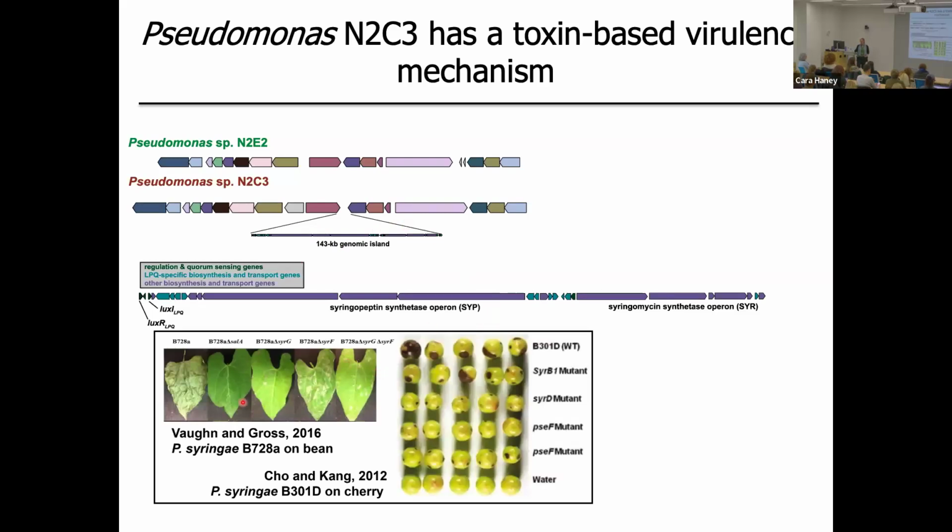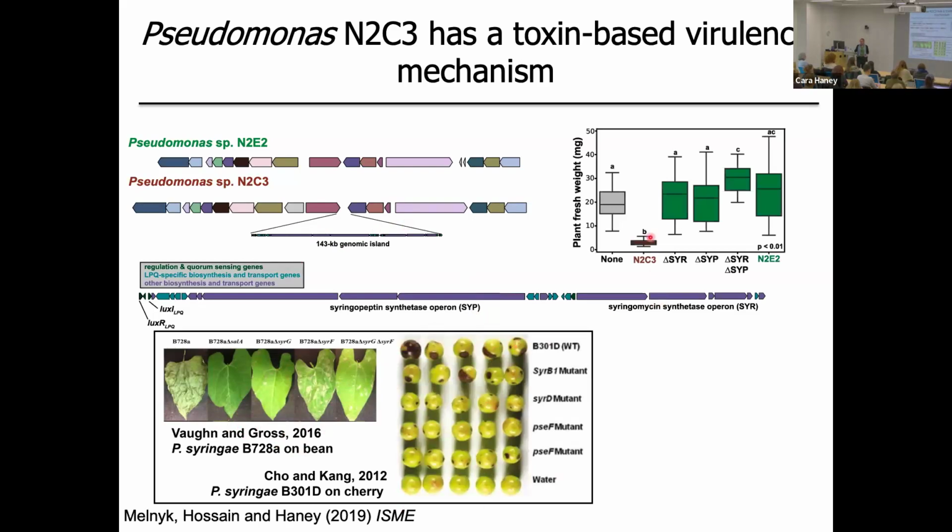In Pseudomonas syringae, it's known to be required for disease on beans and cherries. These are cases where people deleted these genes, and you can see a reduction in virulence compared to the wild type strains that's dependent on these toxins. So we deleted syringomycin and syringopeptin in these strains and found that they're no longer virulent.